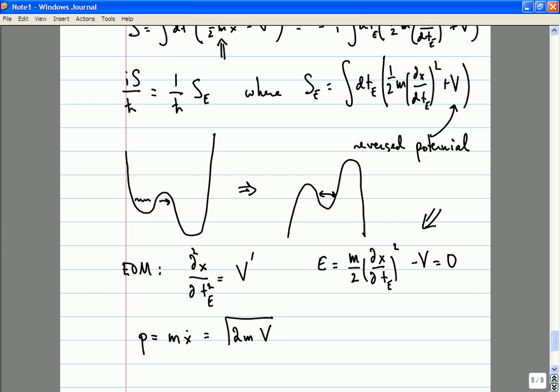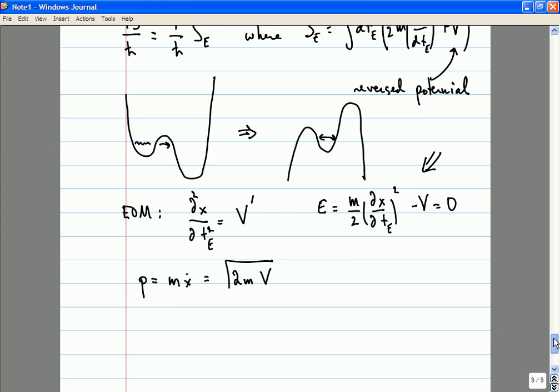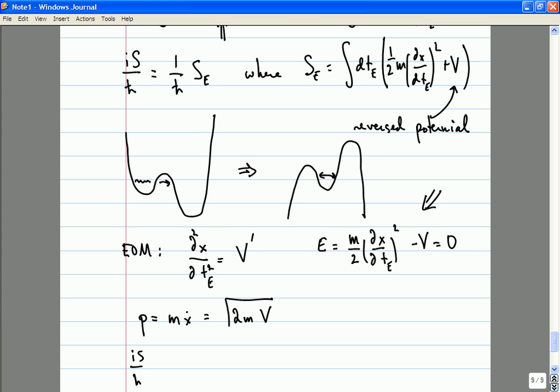So that the exponent is 1 over h bar times the Euclidean action, which is 1 over h bar times the integral dt Euclidean of the kinetic energy plus the potential energy, which is just m times (dx by dt Euclidean) squared, using this equation of conservation of energy.